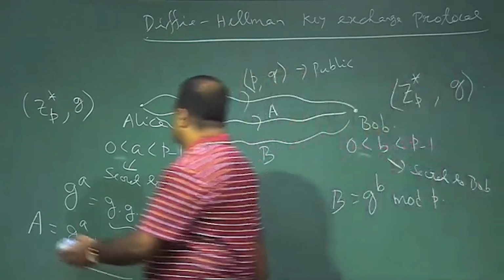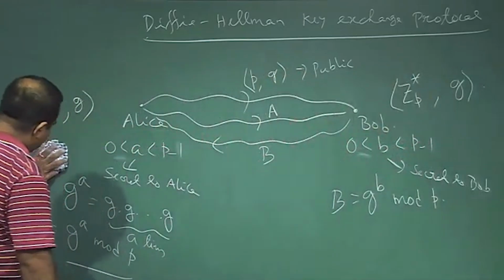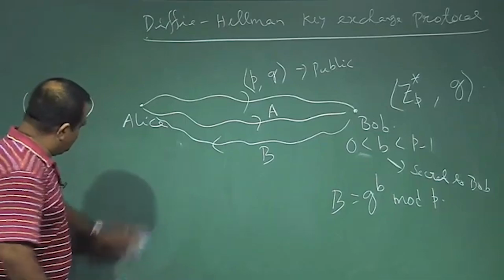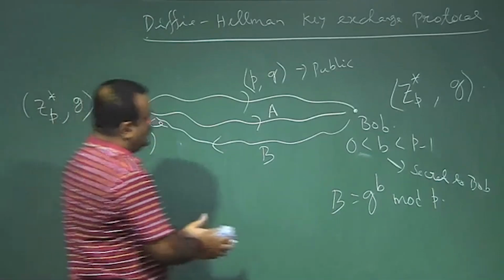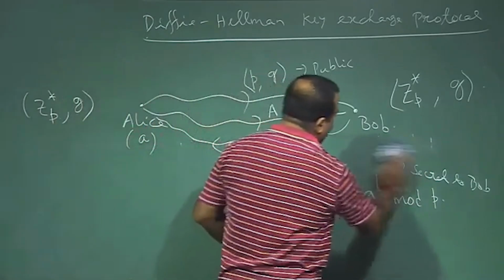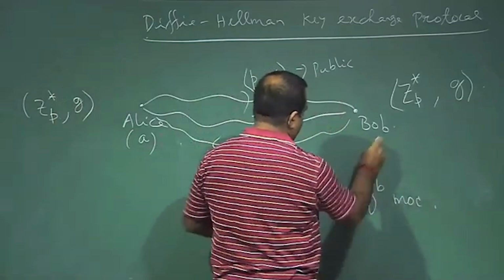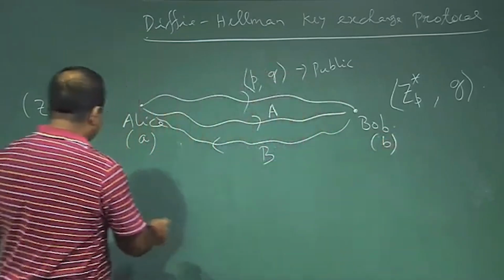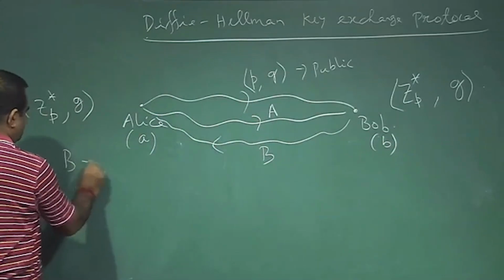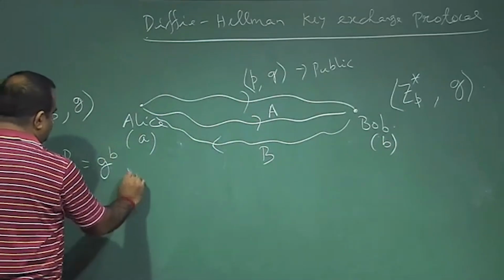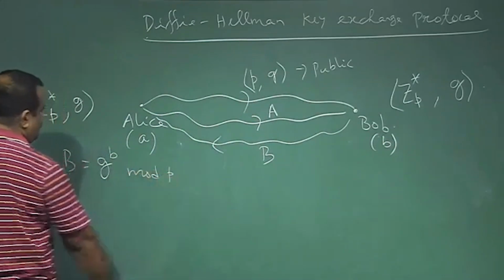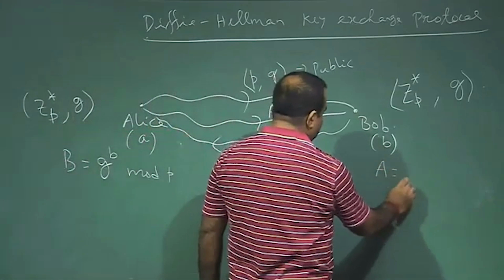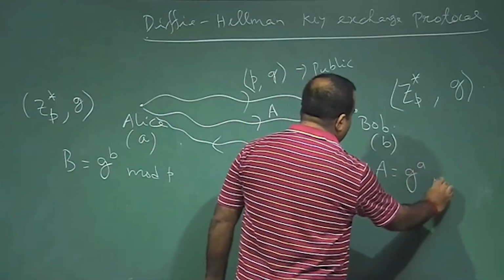Now Alice is receiving B, which is nothing but G to the power b mod P, and Bob is receiving A, which is nothing but G to the power a mod P.